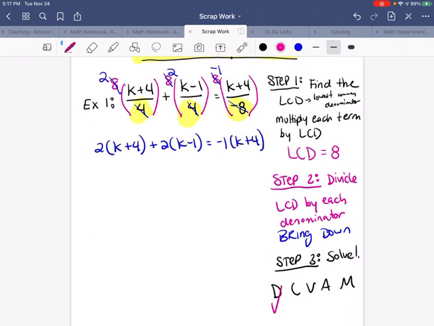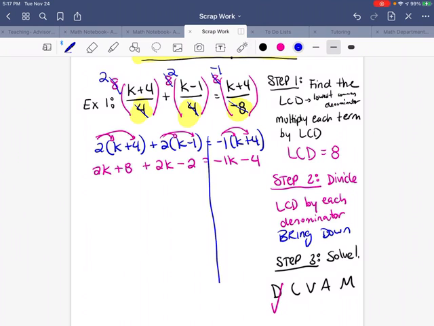So I'm going to distribute first. I'm going to just do this quickly. 2k plus 8, positive 2k minus 2, negative 1k, negative 4. Awesome. Now I forgot to build my wall. I'm going to combine like terms.